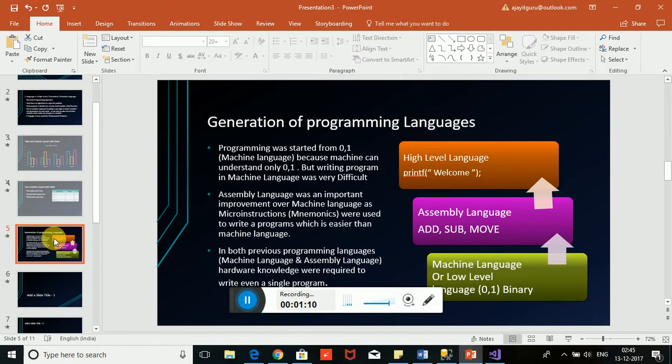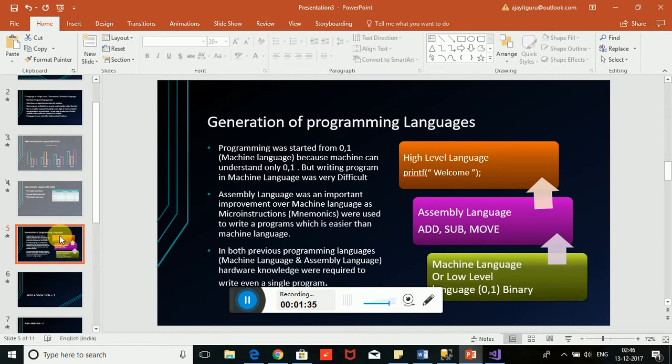I would like to explain the generation of programming languages. We can broadly categorize the generation of programming languages in three parts. From the beginning of the history of programming, machine languages were used, where hardware skills were highly required.